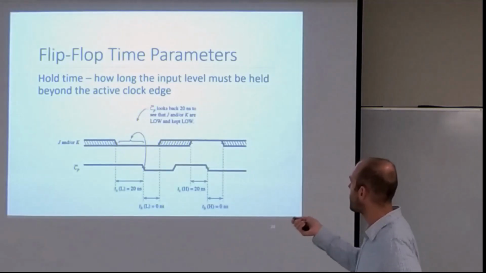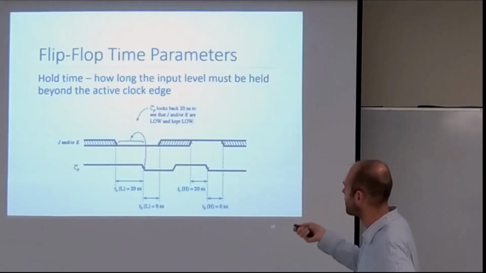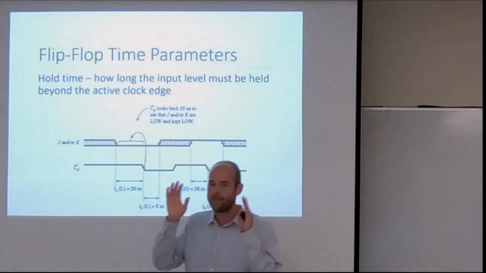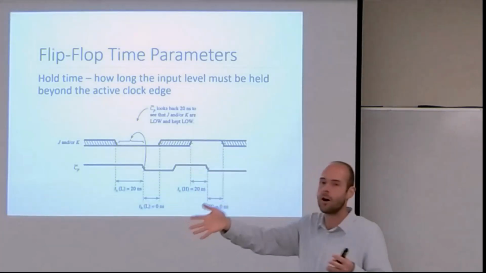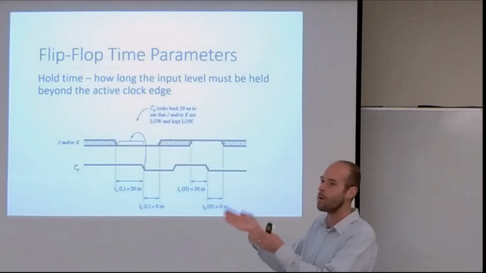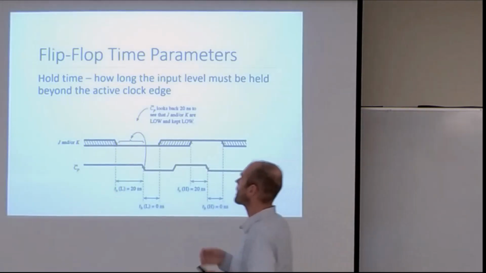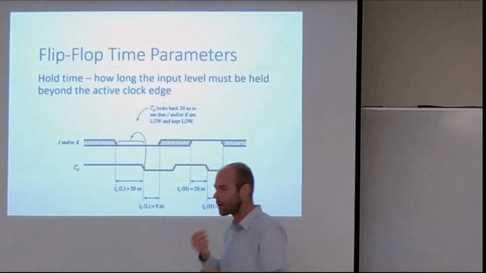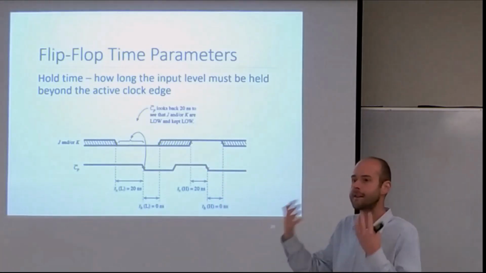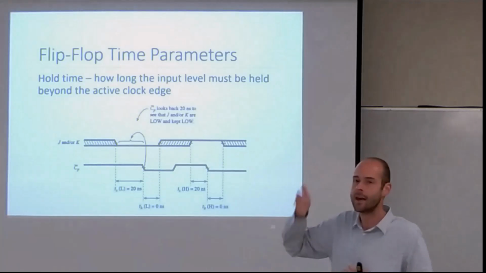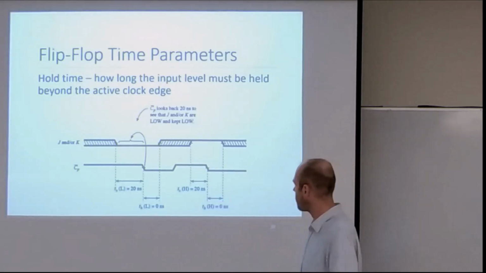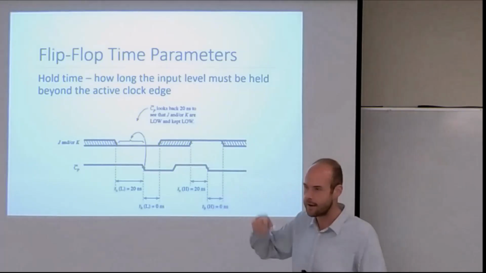We have a hold time: how long the input levels must be held beyond the active clock edge. So we need to have a setup time for setting our inputs before an active edge, and then an amount of hold time after, because there still could be physical charging and discharging at the nanosecond or even smaller scales at and around a clock edge that are drawing from inputs as part of the functionality of a chip.